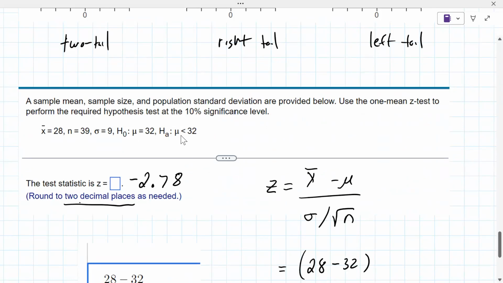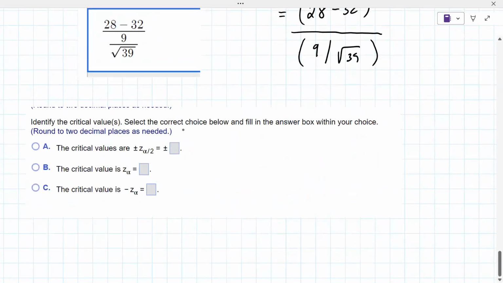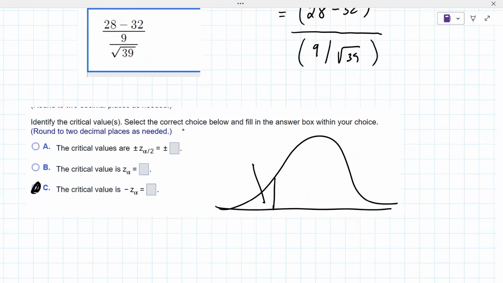This is a left-tailed test, and it's a 10% significance level. Because it's a left-tailed test, the area in the left tail is 0.1. So we need to find this Z value, and that's where the table is really going to help, if that's the way you want to go.